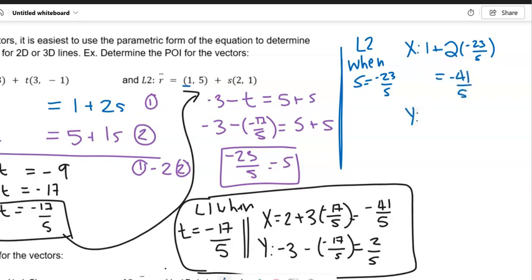And then y starts at 5 and moves -23 over 5, and 5 take away -23 over 5 is 2 over 5. So my point of intersection is -41 over 5, 2 over 5.